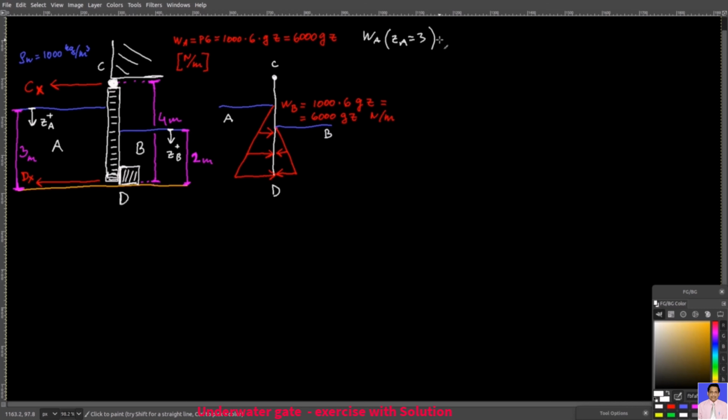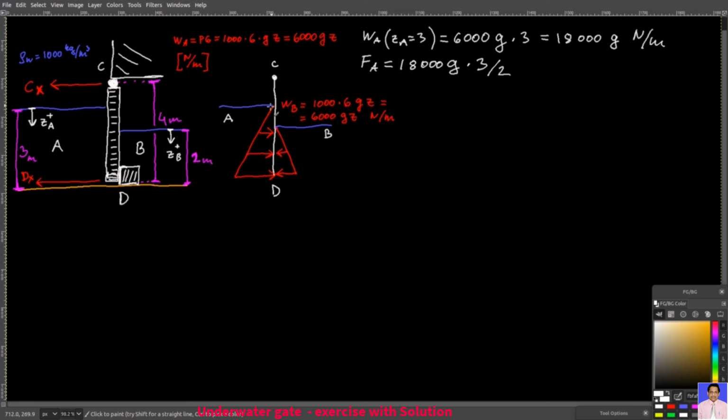And so WA at ZA equals 3 meters, that's 6000 times G times 3, which is 18,000 G newtons over meter. So the total force from the A side, that's 18,000 times G times 3 over 2.